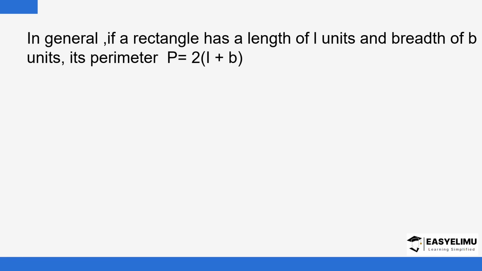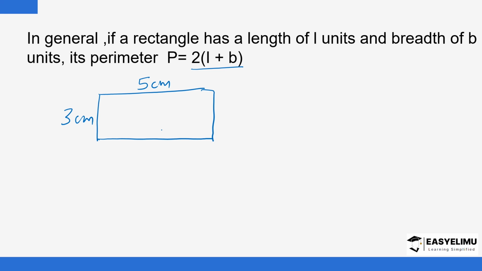So in general, we have this formula used. If you have the length and the breadth or the width, then you can always use this formula. Instead of adding the dimensions, literally, you can use this formula here. Like in the case of the previous example we had, this length was 5 centimeters and the width was 3 centimeters. So instead of adding all of them to arrive at that answer 16, you can use this formula.